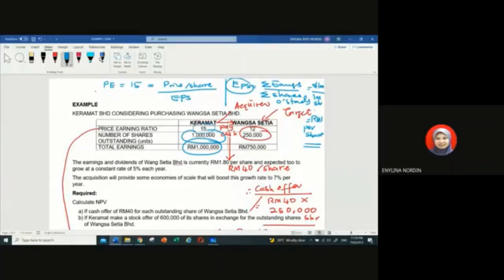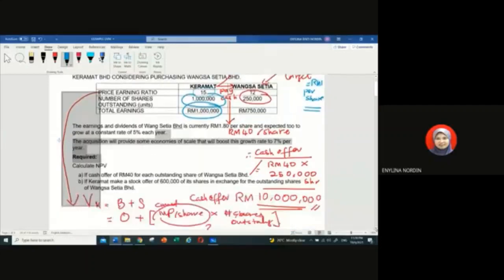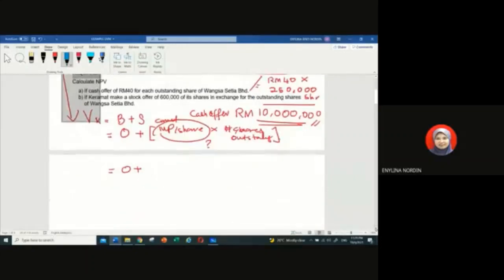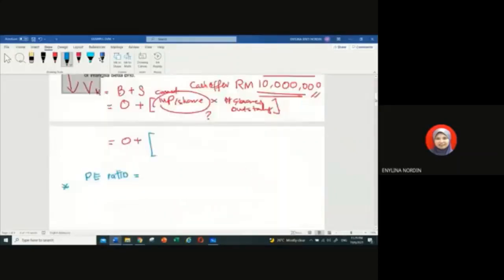Now let us calculate the price per share for Keramat. Below here, the market price is what? This is the working for the PE ratio, which equals 15. That is the price per share divided by earning per share, which equals 1 ringgit.